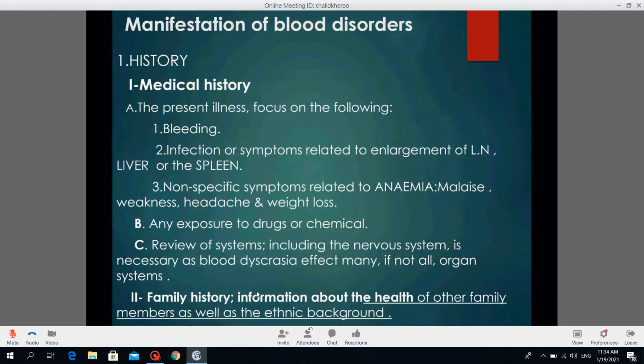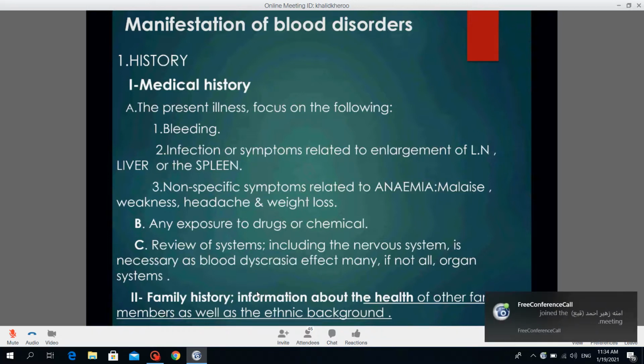This is due to tissue hypoxia, because we know that the function of hemoglobin is to carry oxygen to the tissue. So when the hemoglobin is low, this means that the oxygen-carrying capacity to the tissue is reduced, and this results in tissue hypoxia. So all patients with anemia, whatever the type of anemia, whatever the underlying cause, may have these non-specific symptoms, which are due to tissue hypoxia.